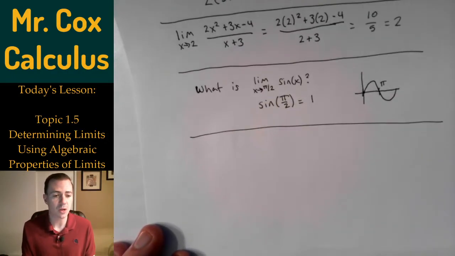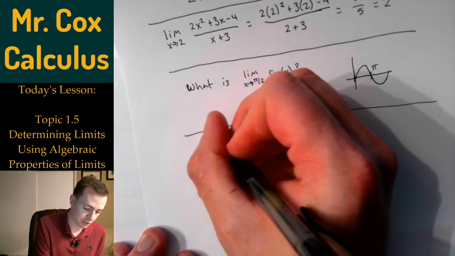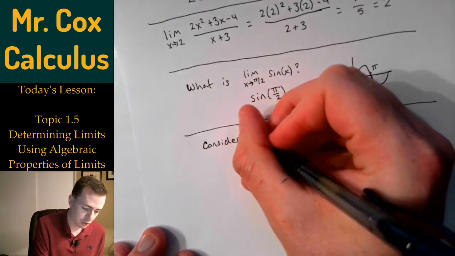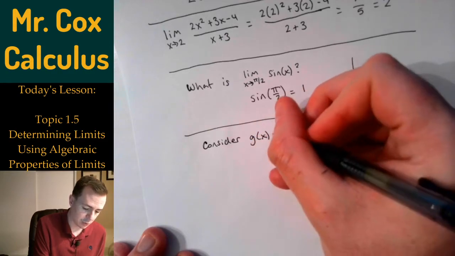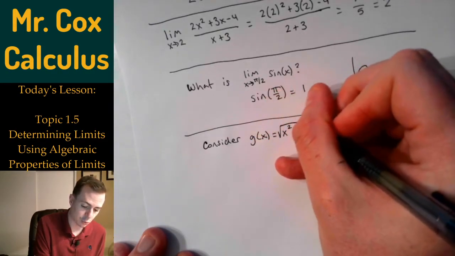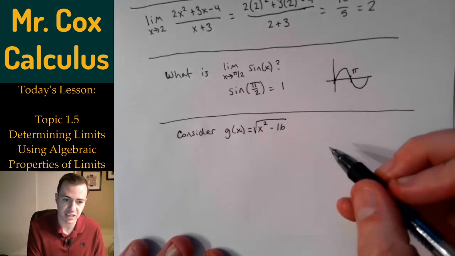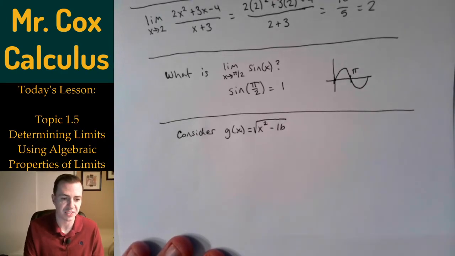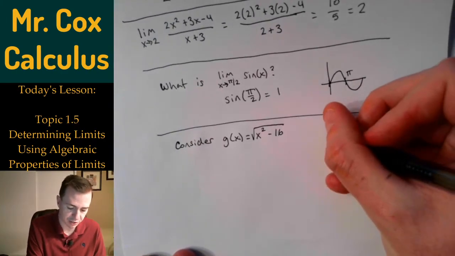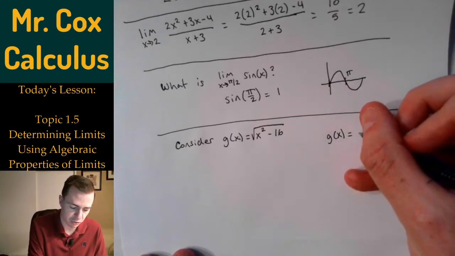Now we also want to look at what happens with a composite function. Let's consider the function g of x equal to the square root of x squared minus 16. Just to remind you that this is a composition of functions, I can say g of x is a composition; I'm going to call them j and k.